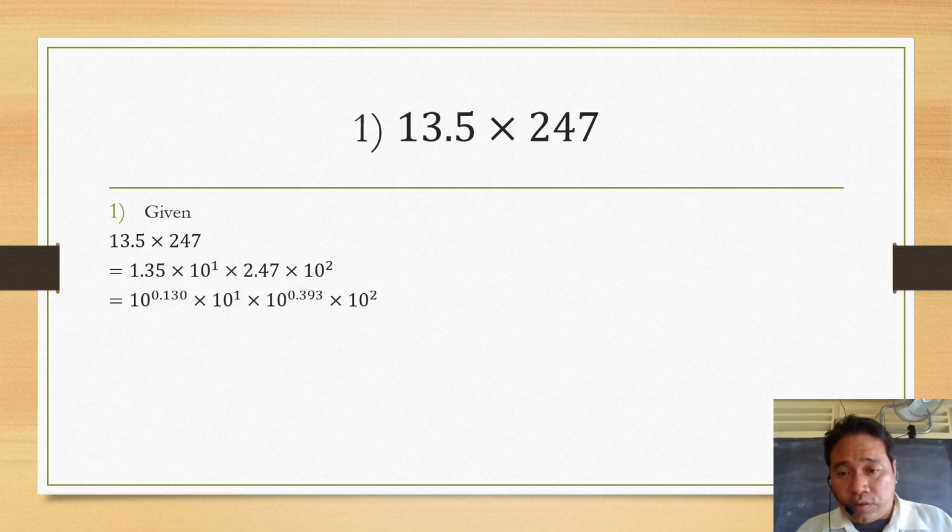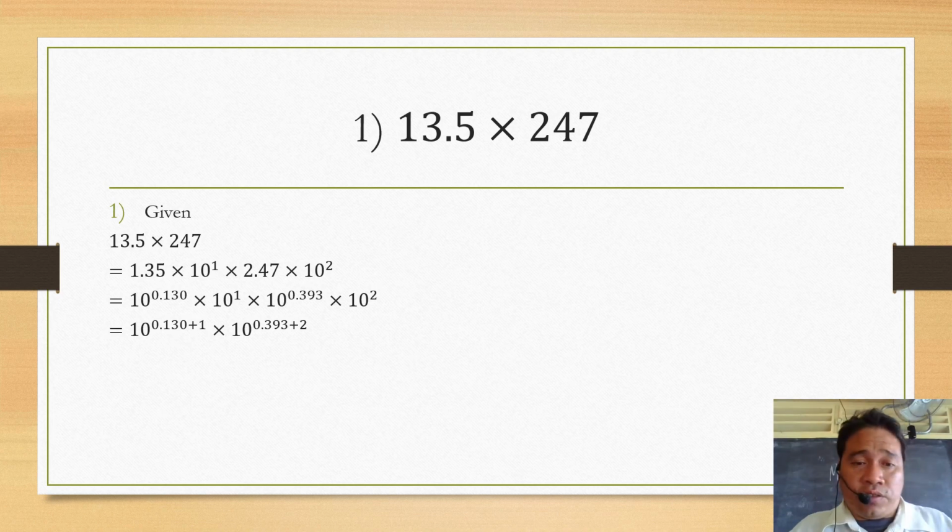I'm going to find the log of 1.35, which is 10 to the 0.130, times 10 to the first, times the log of 2.47, which is 10 to the 0.393, times 10 to the second.